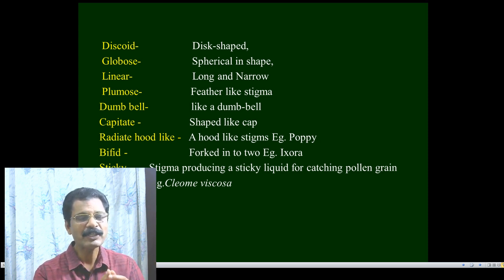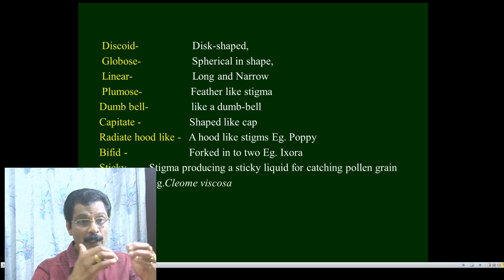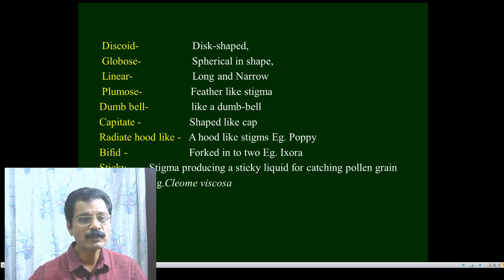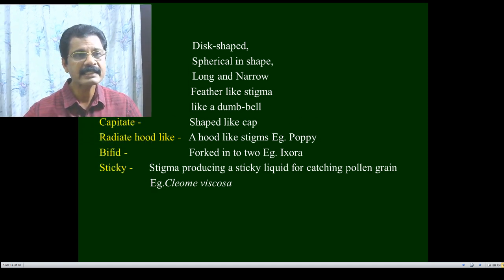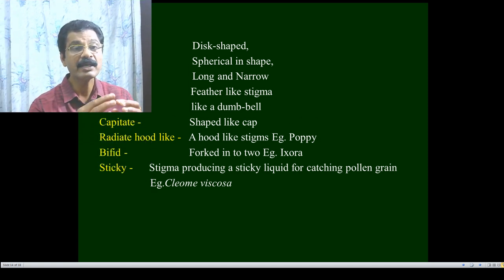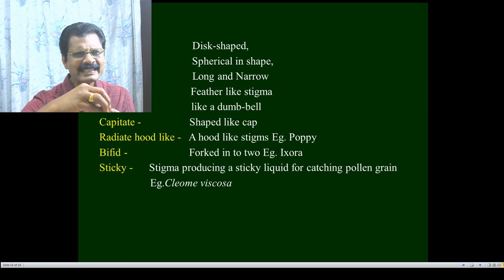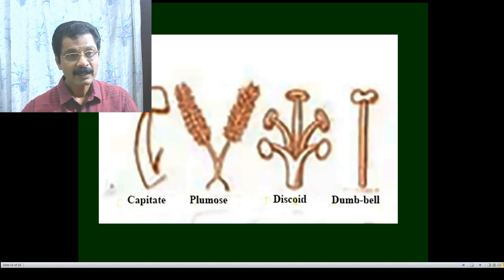Then dumbbell-shaped stigma, capitate, hood-like stigma. In the case of Ixora, the stigma is forked, then it is called bifid stigma. Sometimes the stigmatic lobe secretes a sticky liquid for catching pollen grains. Example, Cleome viscosa. Such stigma is called sticky stigmatic lobes. Right? Could you follow me?